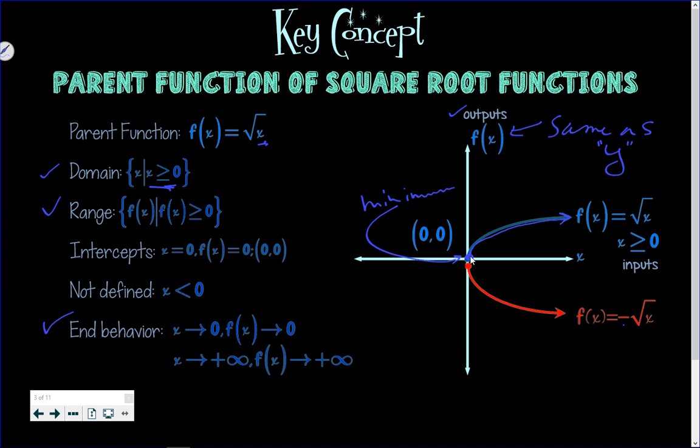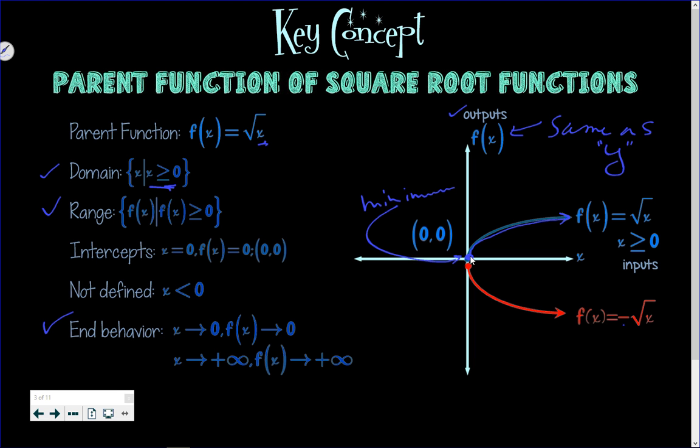Does everybody understand? Okay, now, as a increases, this graph is going to stretch vertically. If a decreases and doesn't go below 0, then this graph does what? It just squeezes down.